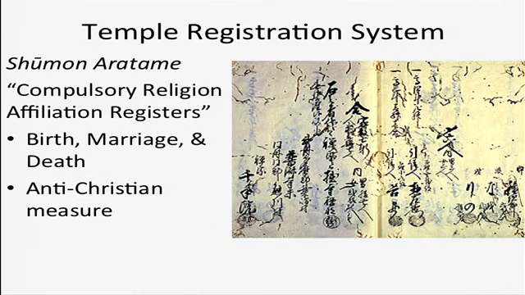This system, called shumon in Japanese, shumon aratame, refers to a system of registration where at birth and at marriage and at death, people have to register these major events at their local Buddhist temple.